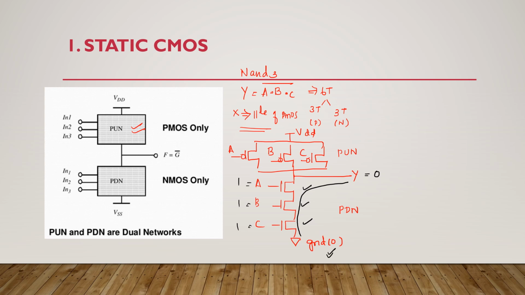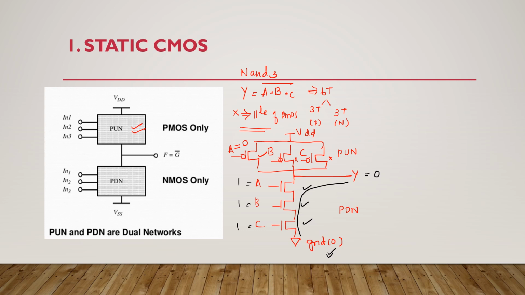Suppose any one of the inputs is 0. If A is 0, what happened? Definitely this PMOS will be on, right? And B and C are both 1, so definitely these two transistors are in off position.